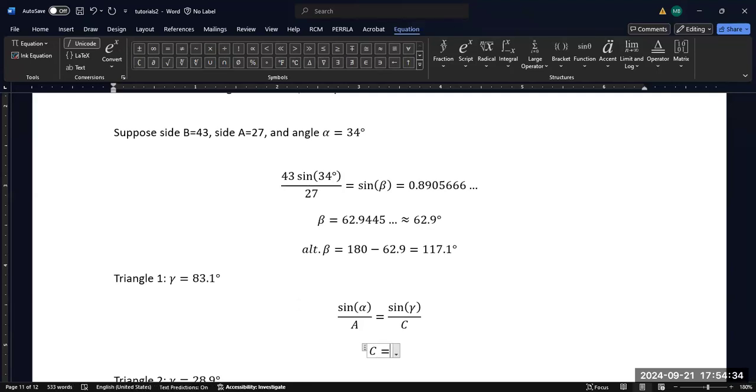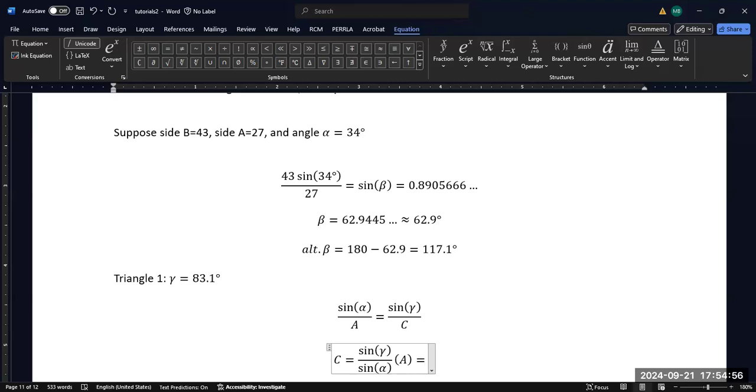You multiply both sides by C to get C by itself, and then you divide sine gamma by sine alpha, and then multiply by A.